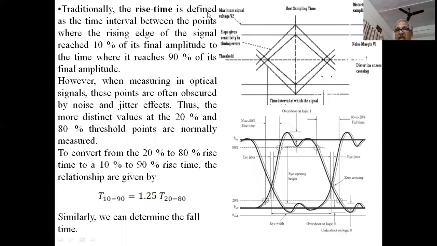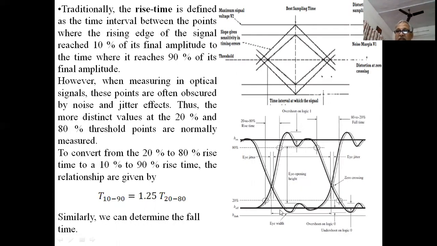Traditionally, the rise time is defined as the time interval between the points where the rising edge of the signal reaches 10% of its final amplitude and the time where it reaches 90% of its final amplitude. In this figure, at 10% of the maximum value of the signal the time is T1, and at 90% the time is T2.